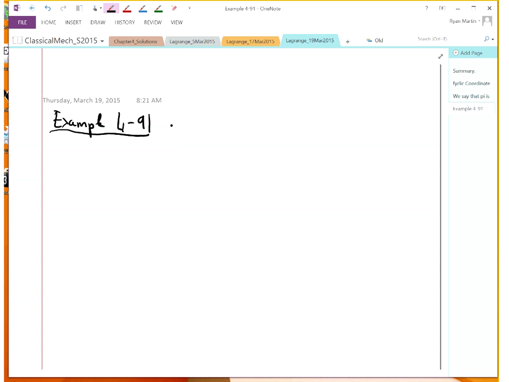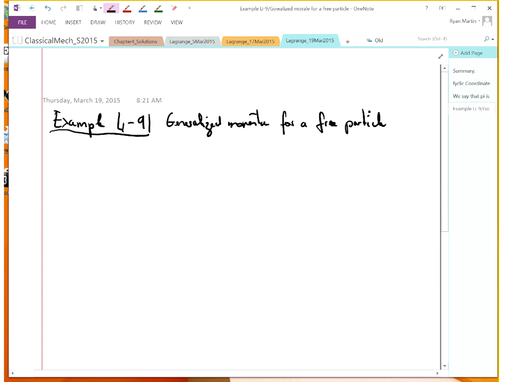And so what are the generalized momenta for a free particle in spherical coordinates?